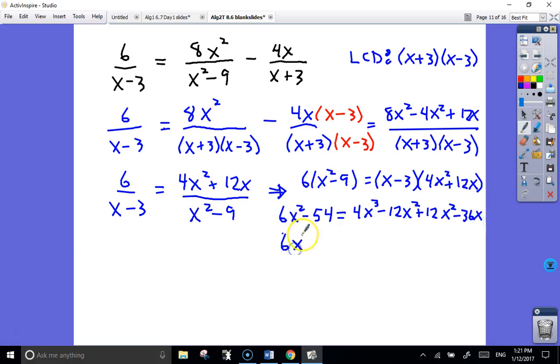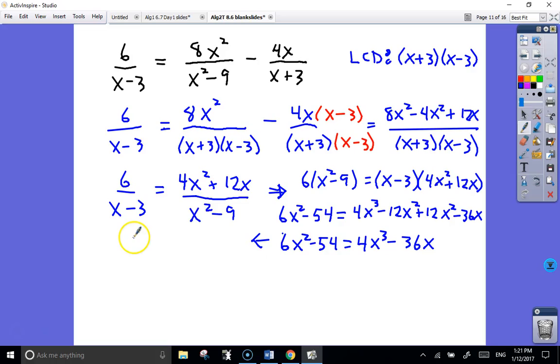6x squared minus 54 equals 4x to the third. The 12x squareds cancel. So I've got minus 36x. Okay, now I'm going to go this way. Get everything on one side, 0 on the other.